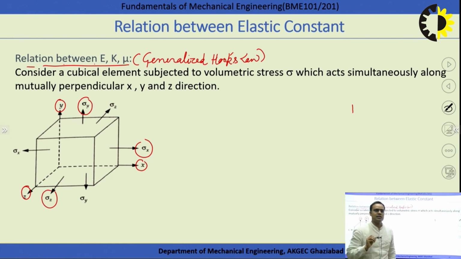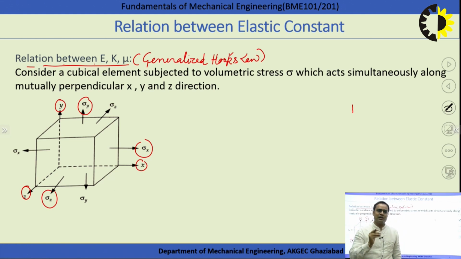Now we are interested to see how much strain is induced in all three directions due to this triaxial state of stress. If the stress is the same in all directions, the triaxial state becomes a volumetric or hydrostatic state of stress.